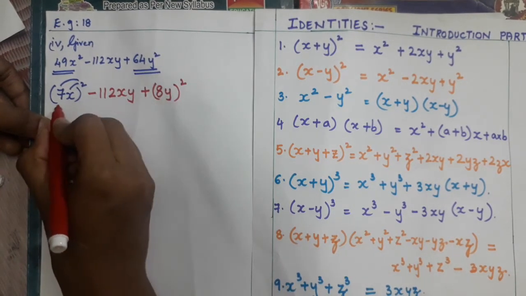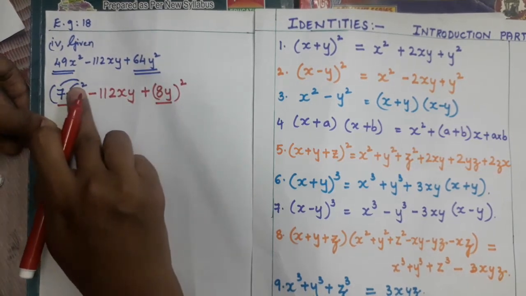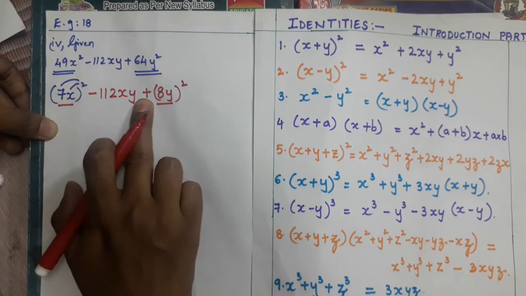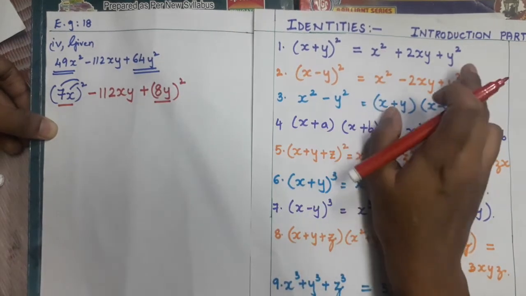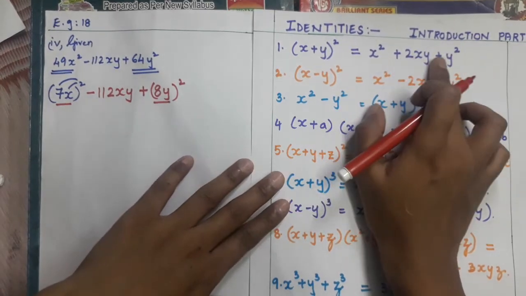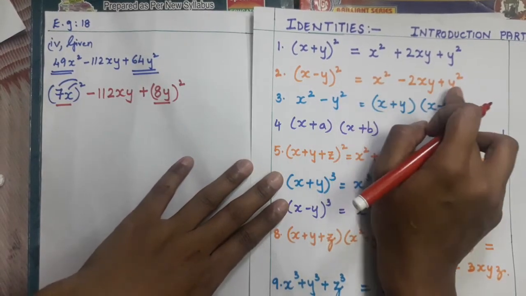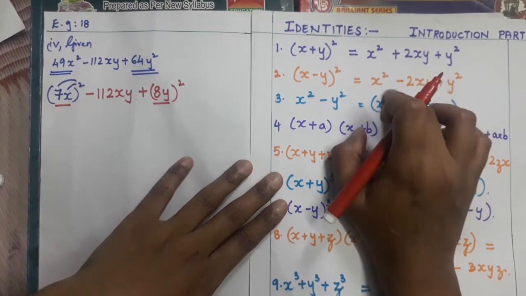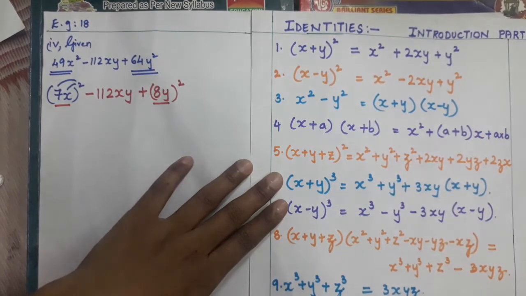Now we can do the identity. First one is square, last one is square. First we have minus and second we have plus. First one is square, last one is square, but first we have minus, so this is not our identity. First one is square, last one is square, and one is minus and one is plus, so this is our suitable identity.